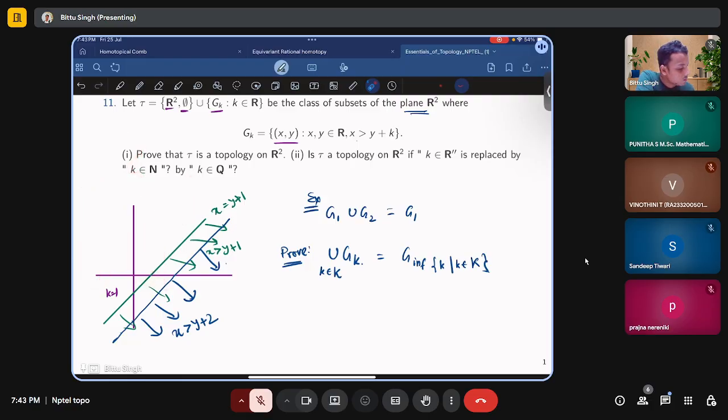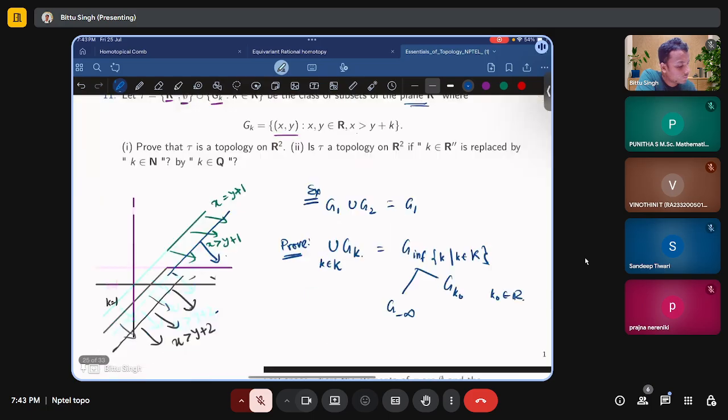right? So this union will be either R2 or one of these G_k. The infimum will be some real number. So it has two choices: either it will take some G_k0, where k0 is a real number, or the other choice will be minus infinity.